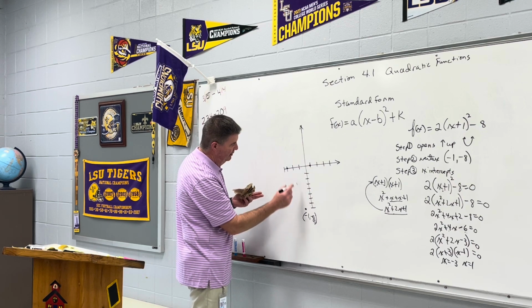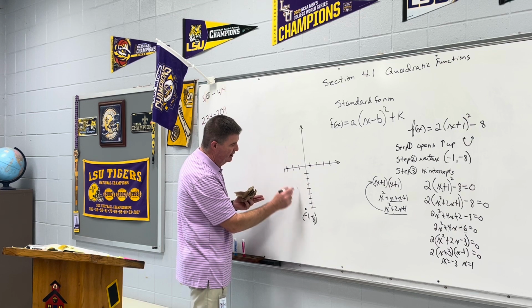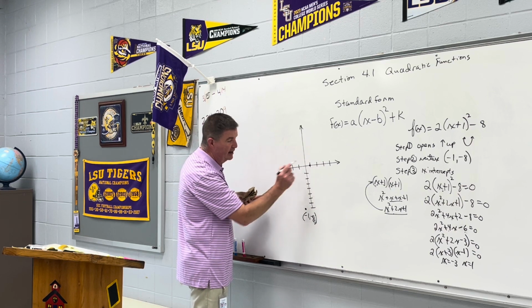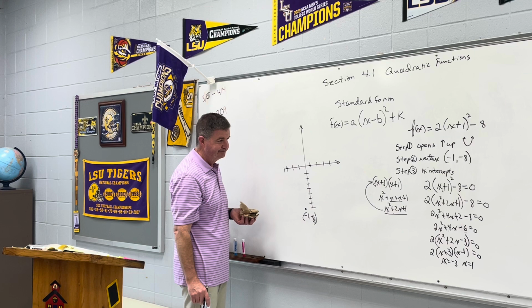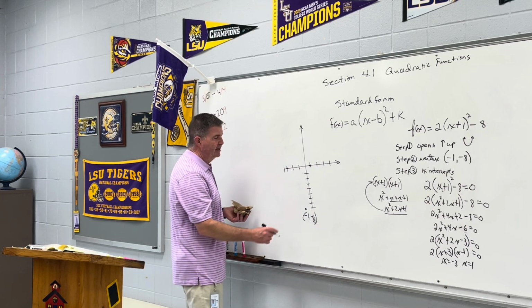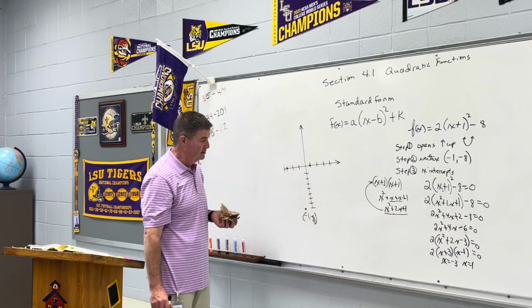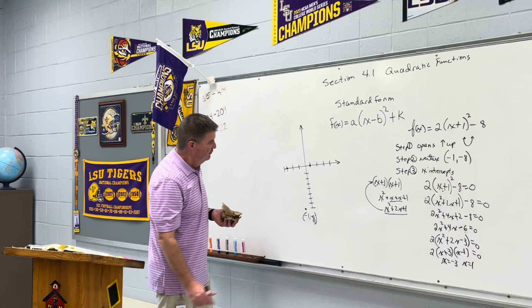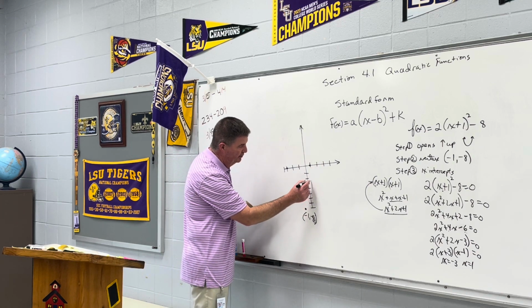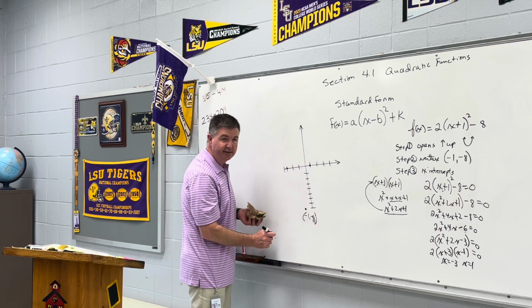So if I went over 2 units to the left to cross the x-axis here, I would go over 2 units to the right to cross the x-axis there. There's another step that we're going to take, because we're also going to cross the y-axis. And from the looks of it, if I'm going up and getting to this point, I'm going to cross the y-axis somewhere in this area.